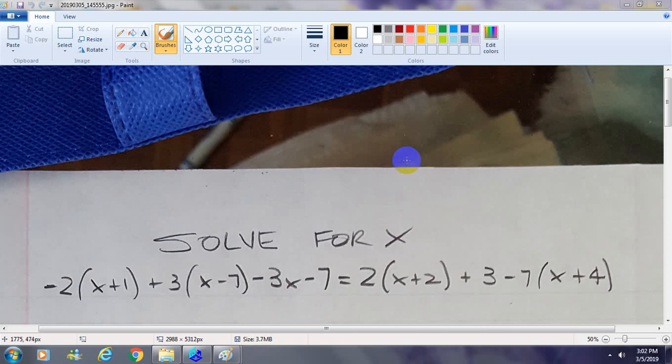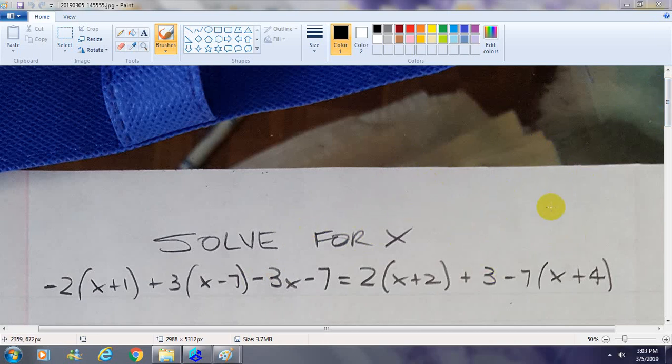So here we're going to go over how to solve an equation that has one x in it, just x's and numbers. This is called a linear equation with one unknown, meaning that we're going to be solving for x.